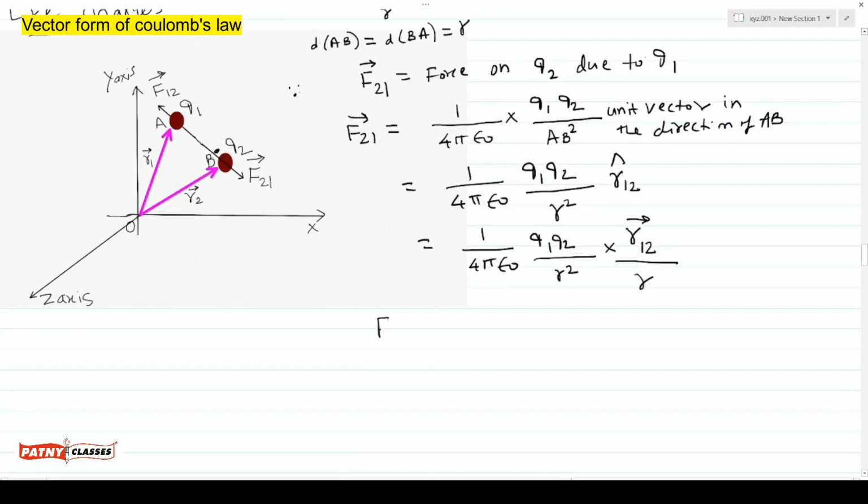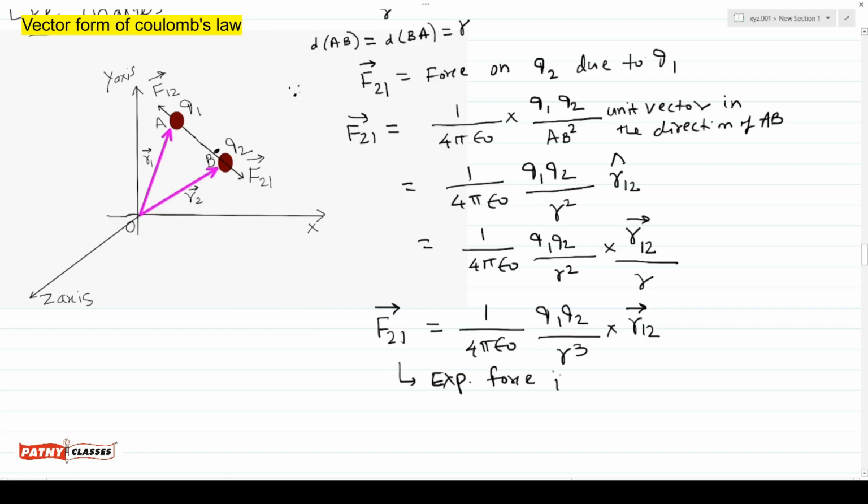Therefore, vector F21 equals 1 upon 4 pi epsilon naught Q1 Q2 upon R cube multiplied by vector R12. This gives the expression for force in vector form.